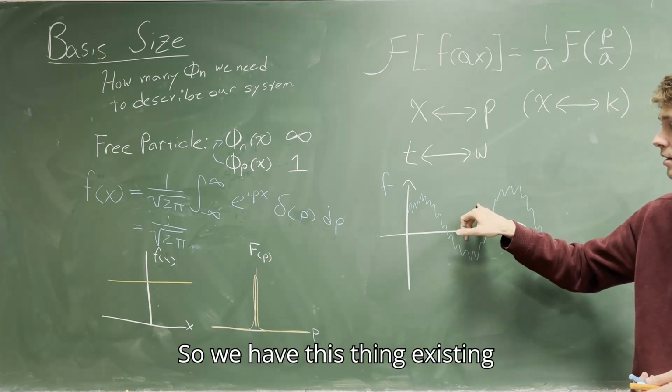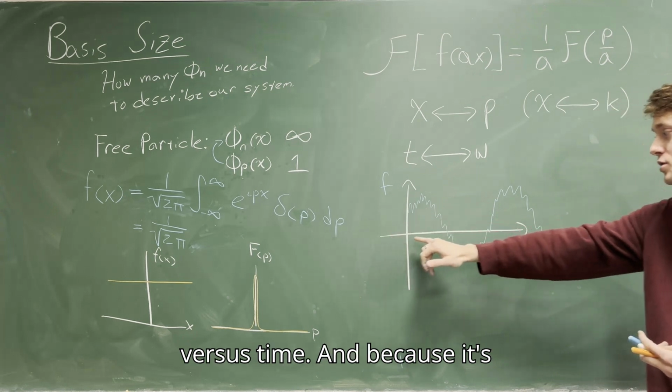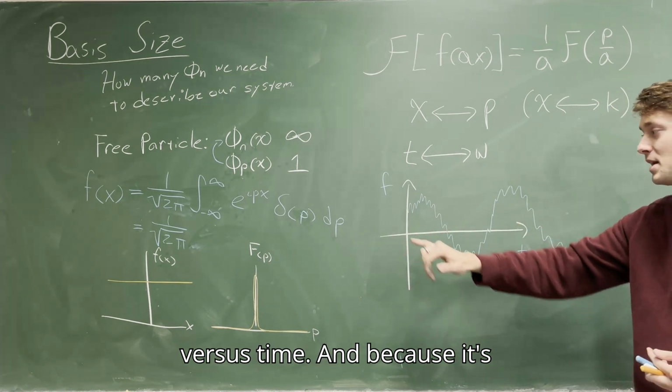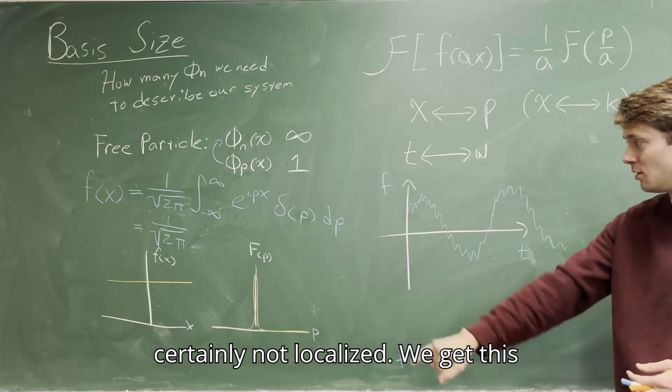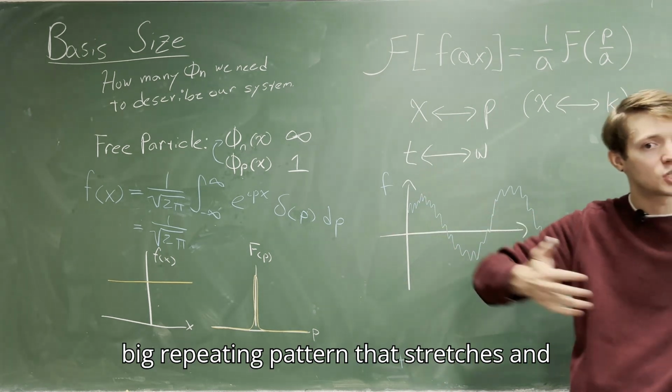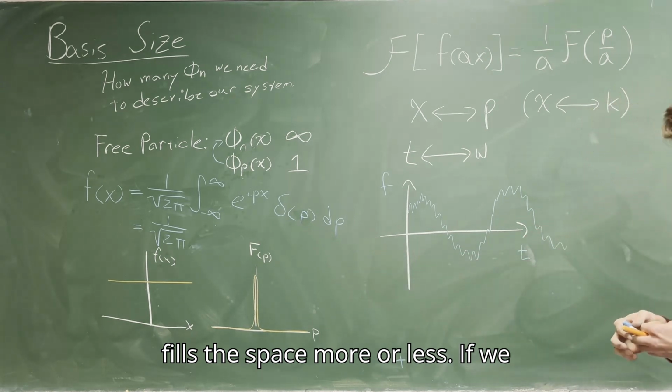So we have this thing existing versus time, and because it's so spread out in time, this is certainly not localized, we get this big repeating pattern that stretches and fills the space, more or less.